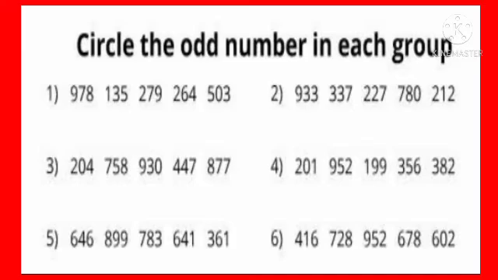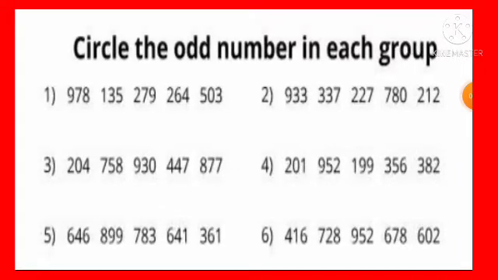And in the second group, 933, 337, 227 are the odd numbers. In the third group, 447, 887 are the odd numbers. In the fourth group, 201, 199 are the odd numbers.